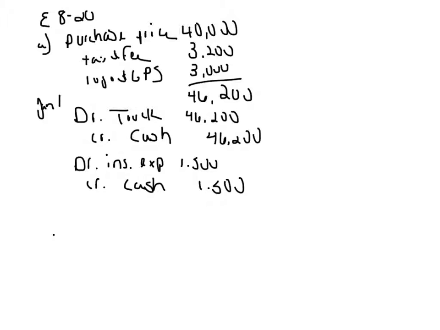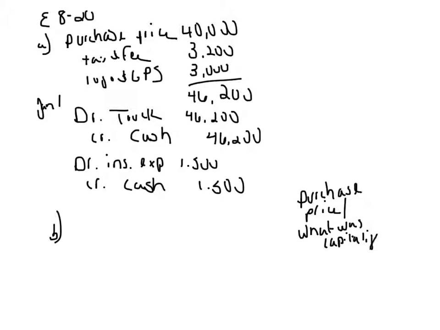Then in B, they're saying assume the truck had an estimated useful life of 5 years. So remember when you're solving for these, you have to know the purchase price, and I'll say what was capitalized. So we know that was the full $46,200.